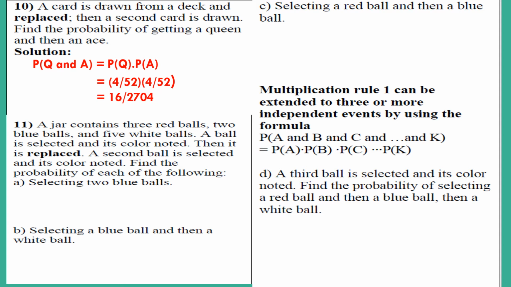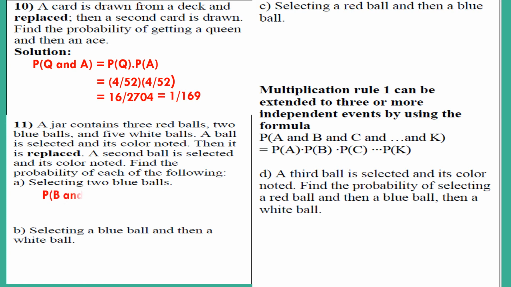A jar contains 3 red balls, 2 blue balls, and 5 white balls. A ball is selected and its color noted. Then it is replaced. A second ball is selected and its color noted. Find the probability of each of the following. Selecting 2 blue balls.